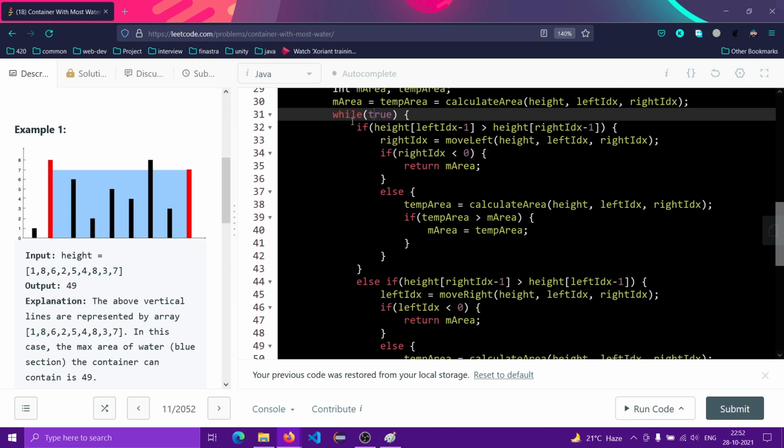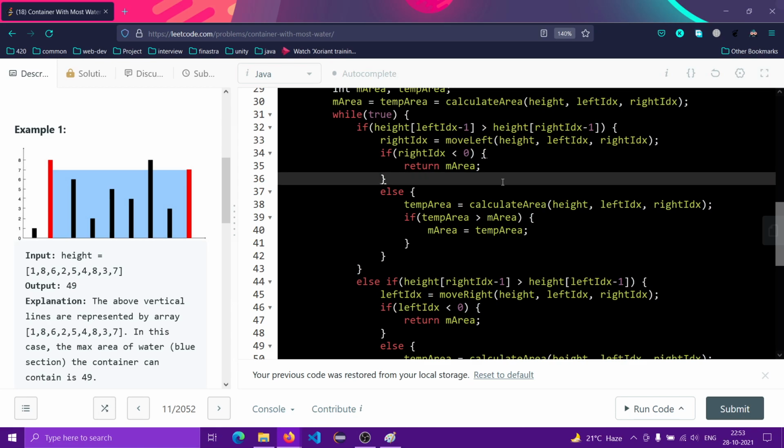Now, when we are inside the while loop, we are checking for three conditions. The first is left index is greater than the right. If the left side is bigger than the right, then what are we going to do? We are going to move left. When I'm saying move left, you might get confused because of the nomenclature.